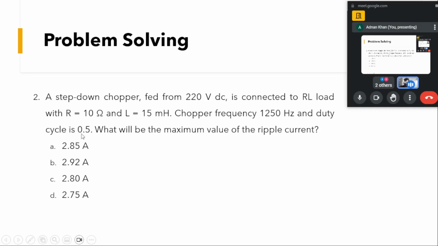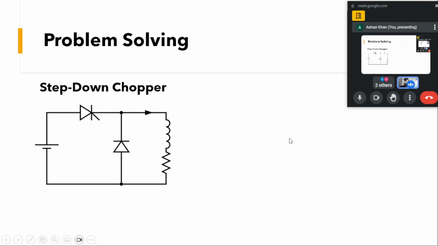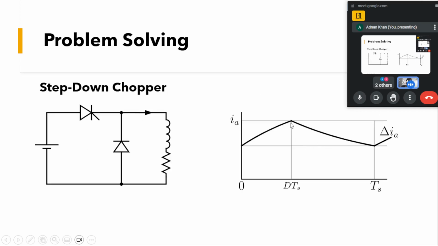We have R, we have L given, and the duty ratio is given. The ripple is the difference from the positive peak value to this minimum value, and here it is shown by delta IA. We represent the ripple.